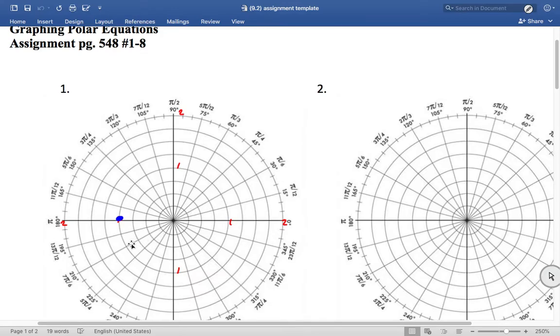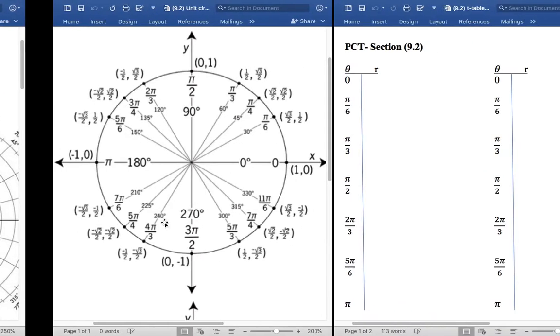So about there's my 1 circle, right? About 0.9, about right there. Just shy of the 1 circle. All right, so I'm on the pi over 6 line, out the other side because it's negative, and 0.9.